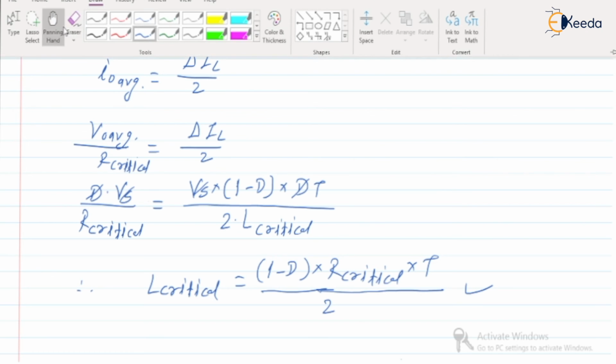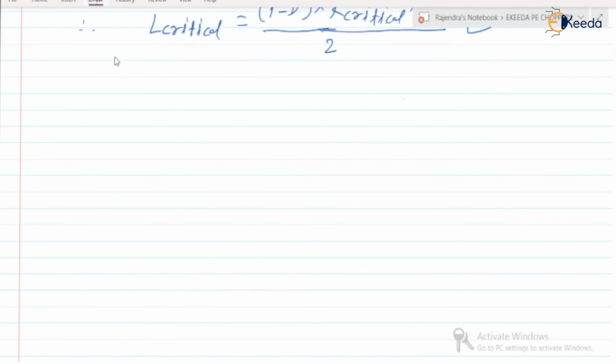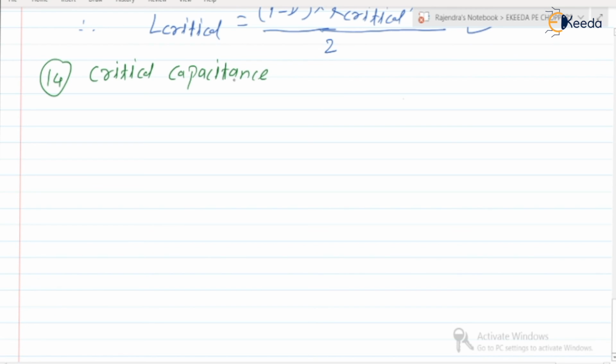Okay. Similarly, can we find the C critical capacitance? Yes, we can find the critical capacitance. Last parameter, critical capacitance. So if you check, if the value is critical capacitance, then again the V0 will be changing, right?